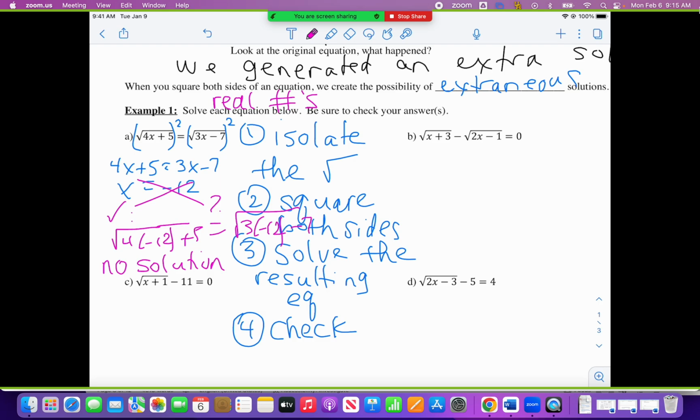Will it be no solution at any time? Like, do you have to plug it back in and just see if there's no solution? You have to. If it's a negative, can you just see that it'll be like no solution? So it's not necessarily that because x was negative 12, it's when I plug it in, I end up with a negative under the square root. If you can tell that, then yes, you know that that's not going to work. But that's a great question.